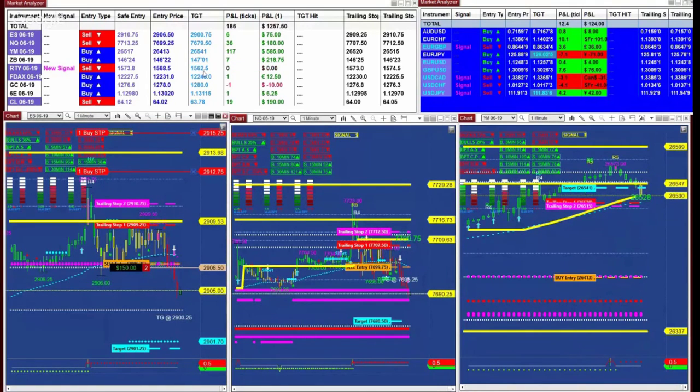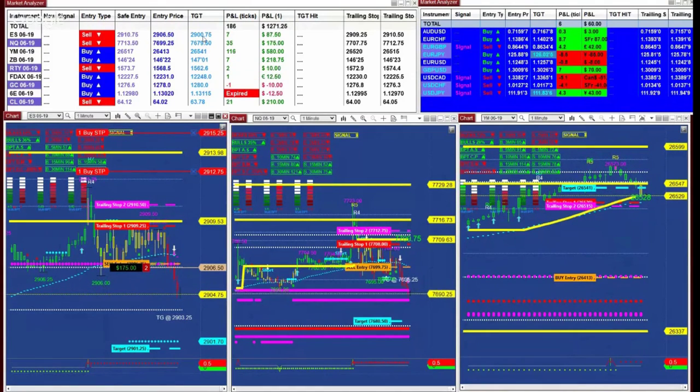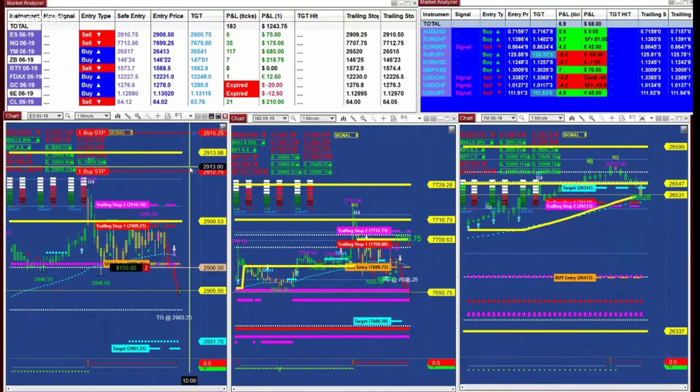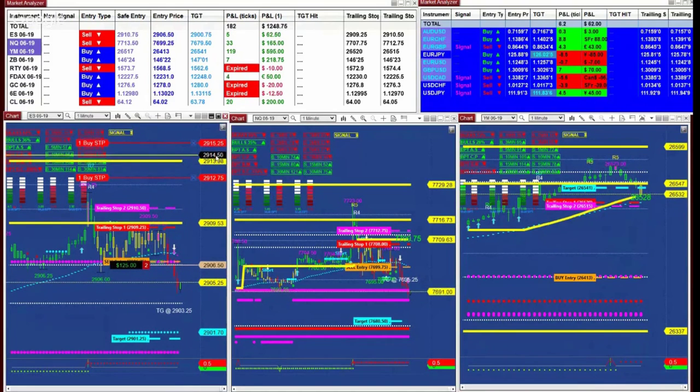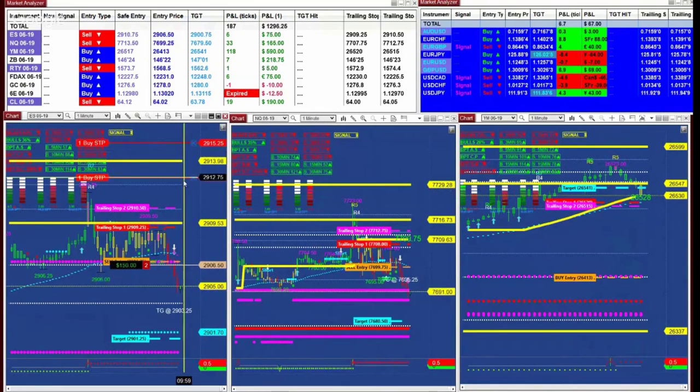This one here is available only on NinjaTrader 8, and you can use an ATM or you can use a full automated trade. As an example, you have the ES where it says the target. You can take those trades manually, and you can use the automated trade. You can use an ATM strategy.